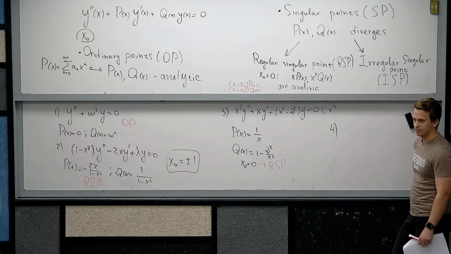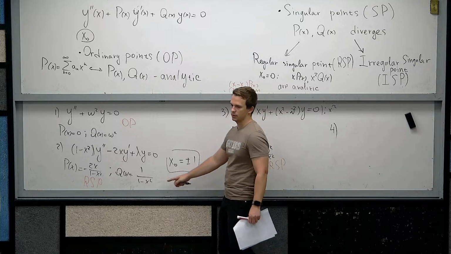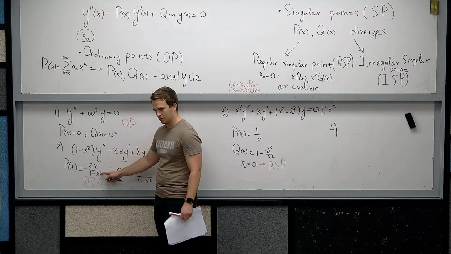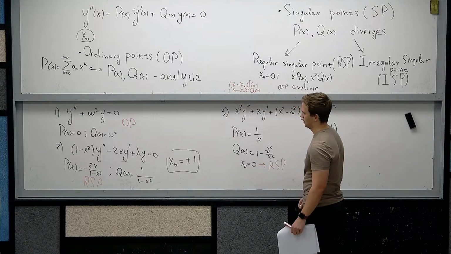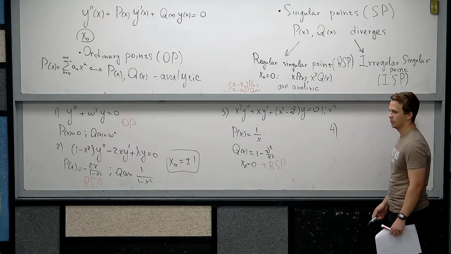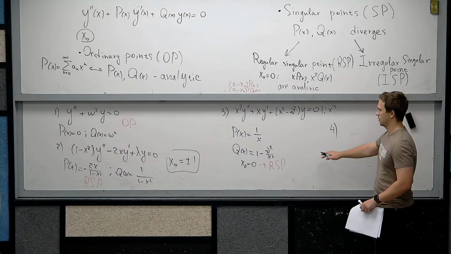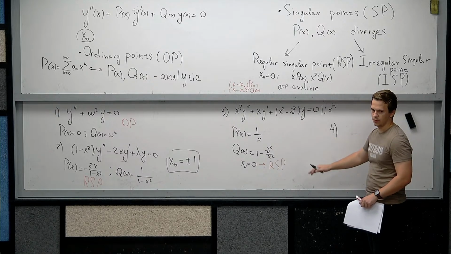Both go to 0 at infinity. So it's an ordinary point. And I guess for this equation, infinity is also an ordinary point, not a regular singular point.